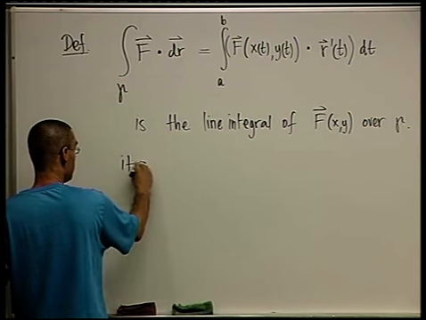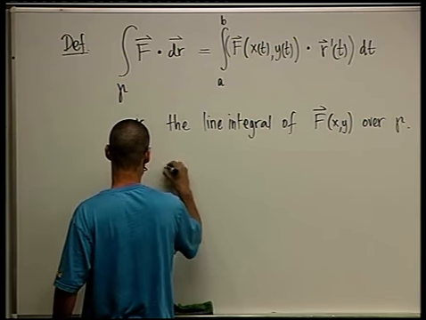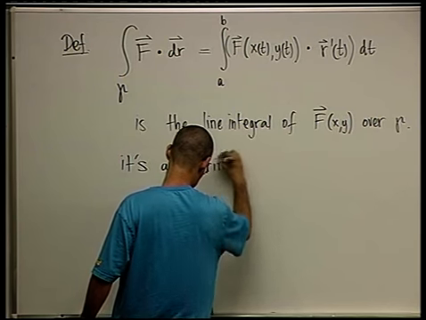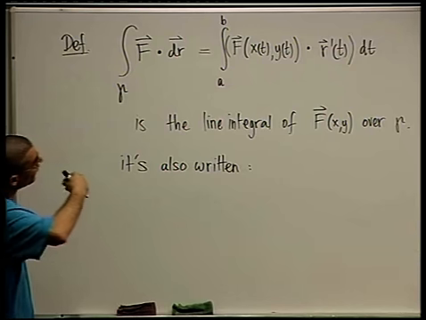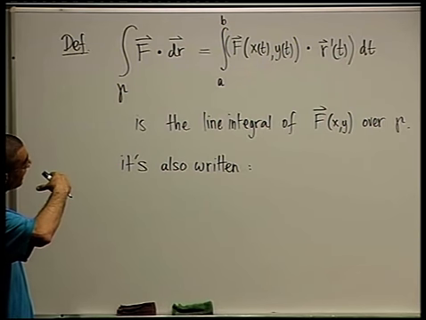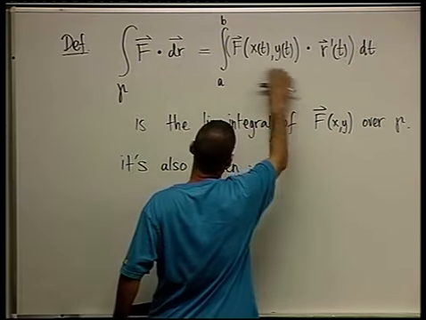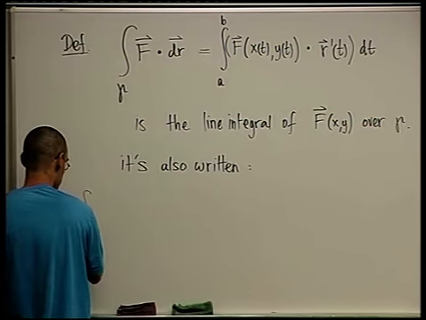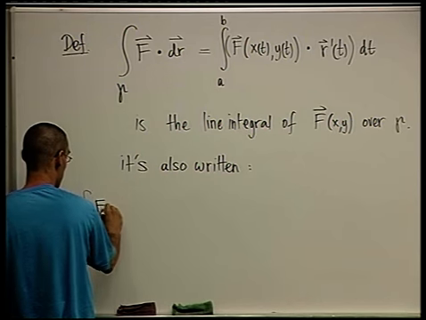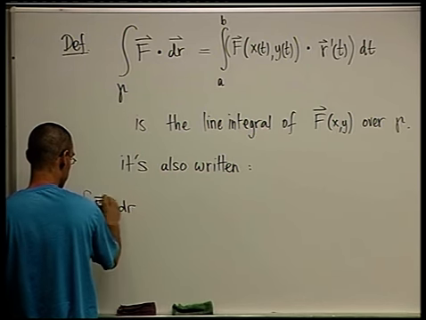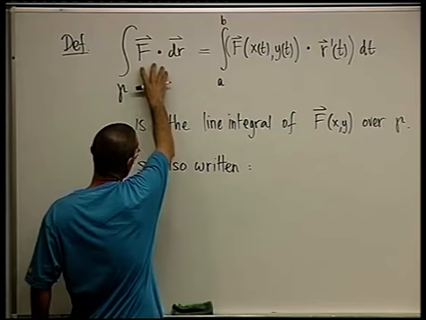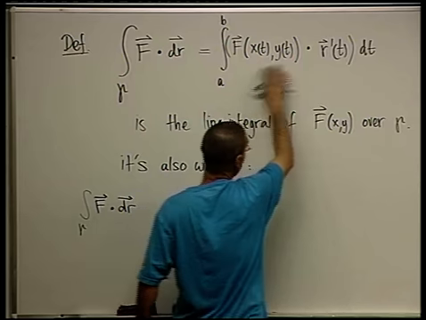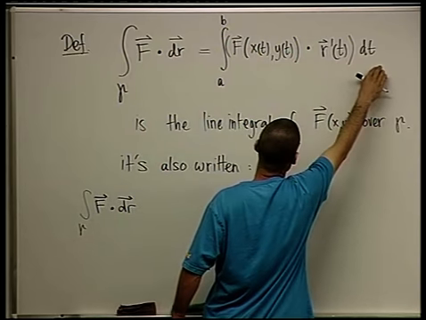It's also written integral over gamma F dot dr. By the way, do you understand why this notation? I'm taking F and doing dot r prime of t dt, right?